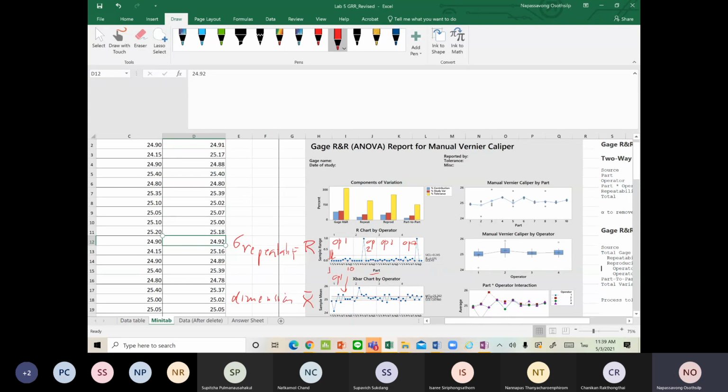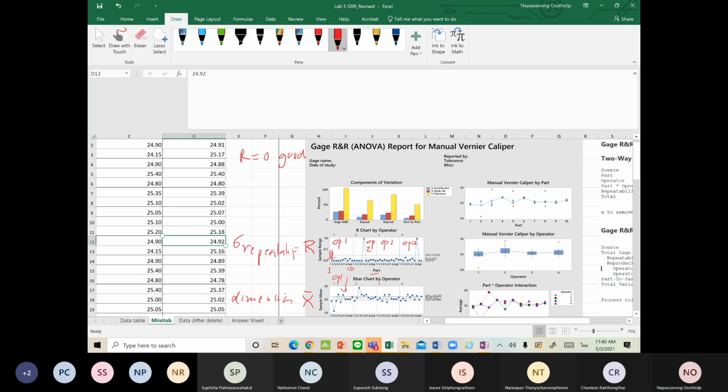Usually R equal to 0 is good, right? There's no variation among the 2 measurements. And you see that a lot of points are 0, and some points are 0.05, 0.01.